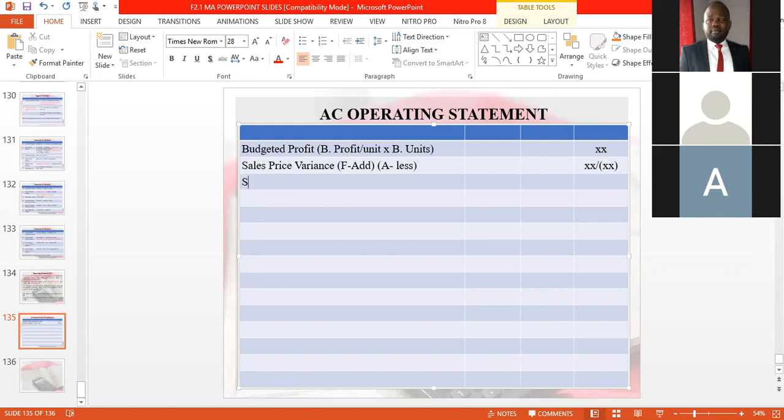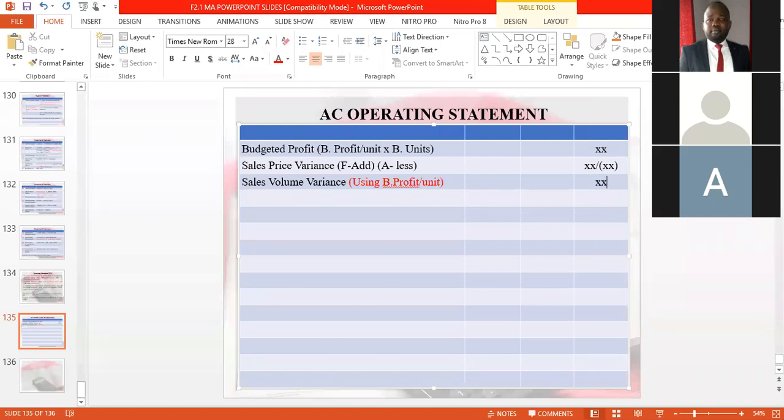So next, sales volume variance. There are two sales volume variances. There is the one using budgeted profit per unit, because we are under absorption costing.